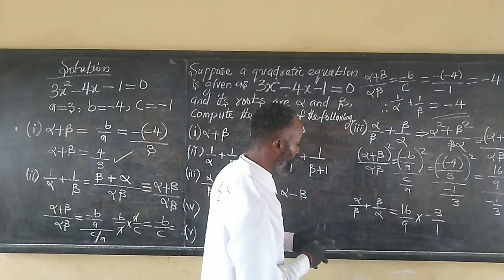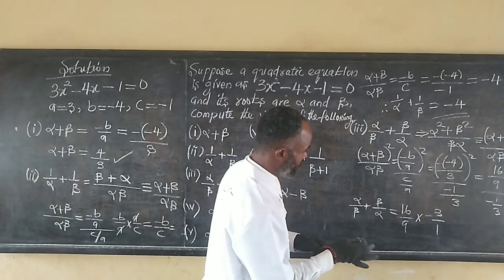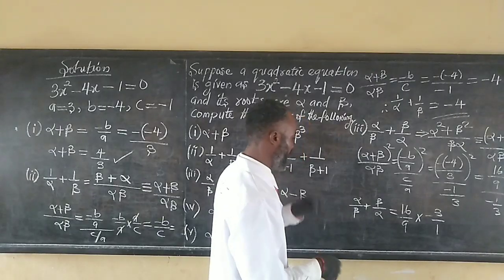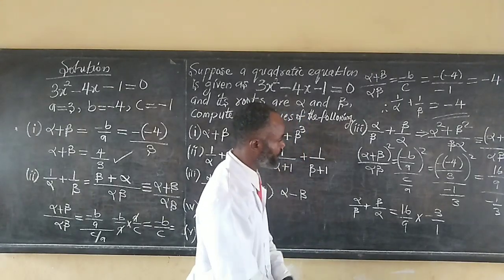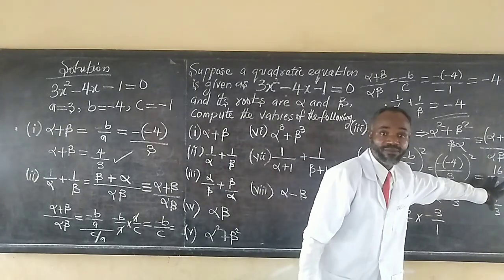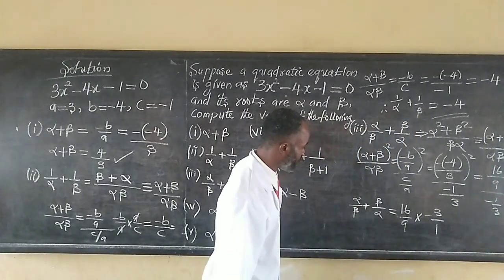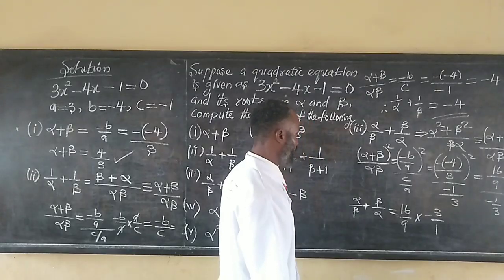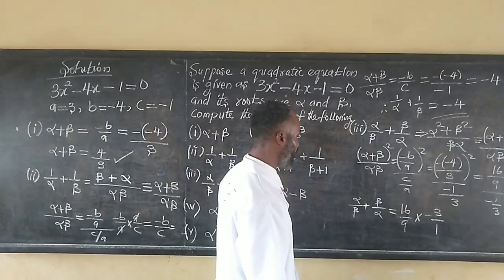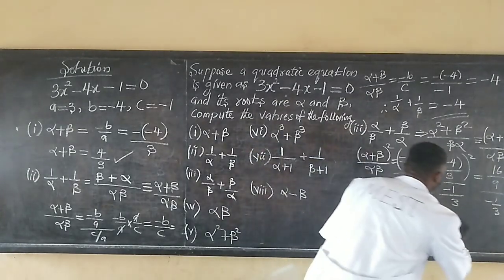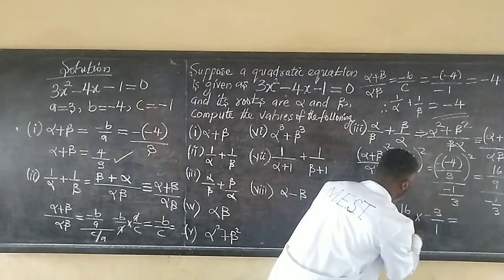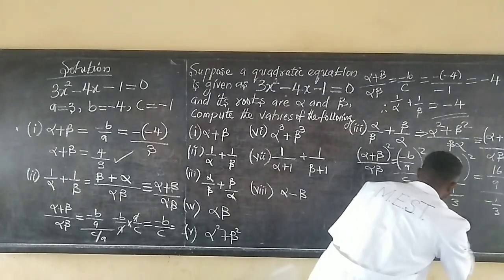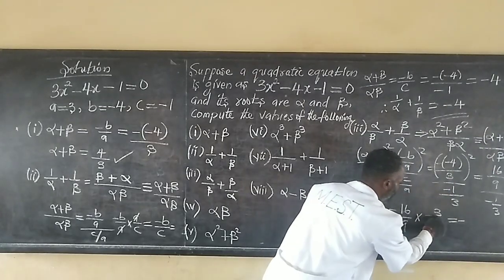Let's see how it goes. Alright, we have minus there. So at this point, we cannot say that this is going to be minus 16 times 3. 6 times 3 is 18.